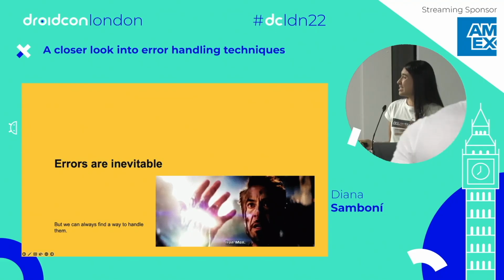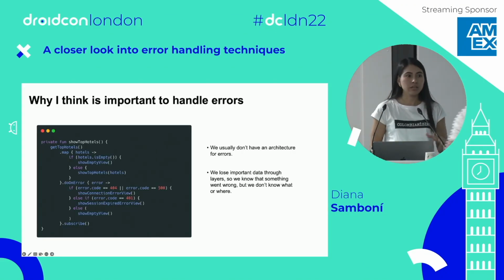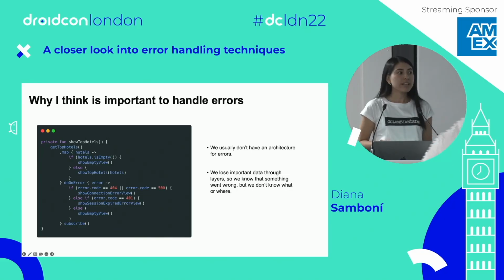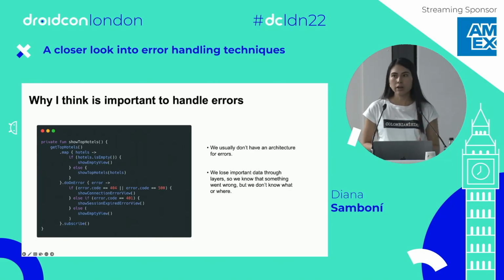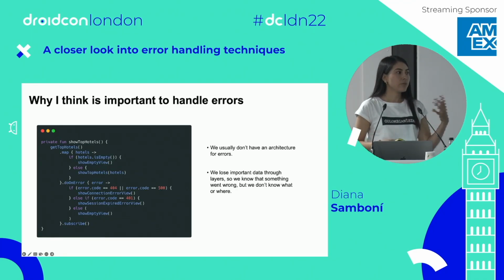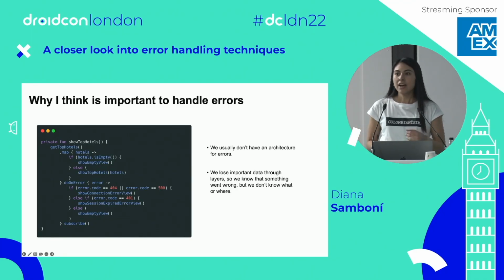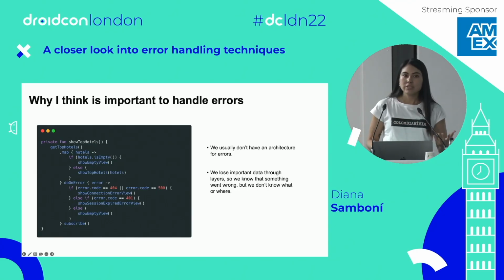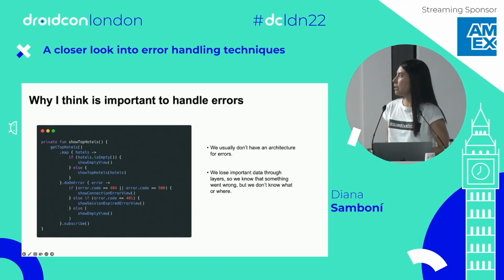So let's start saying why I'm here. One day I saw a code like this that made me realize that we spend a lot of time talking about architecture, design patterns, SOLID principles, and how can we avoid boilerplate, all of these MVI, MVP patterns, and so on and so forth, but maybe we don't invest the same amount of time talking about errors.